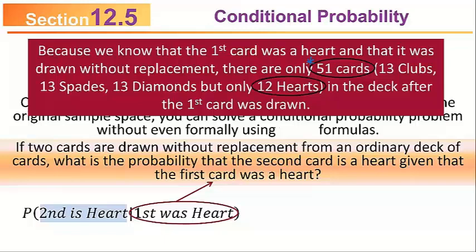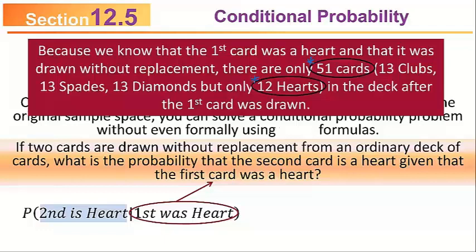And since there are 13 hearts in the deck, if the first card really was a heart, after I draw a heart out, I only have 12 left. So knowing that the first card was a heart, and since I didn't put the card back, just before I draw again, I'll be drawing from a 51 card deck that only has 12 hearts.